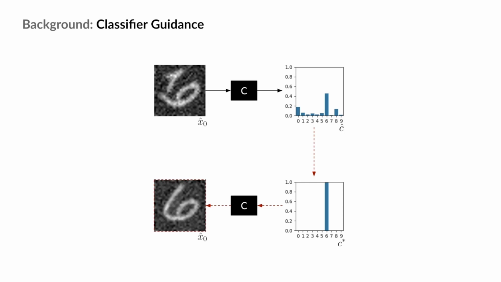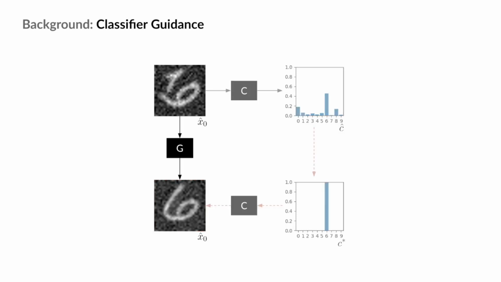We can then update the image such that the classifier is more likely to classify the image as that particular label and nothing else. This is done by gradient descent. We backprop through the classifier and update the image in this way. This is possible, of course, because the classifier is a neural network, which means that it is differentiable.